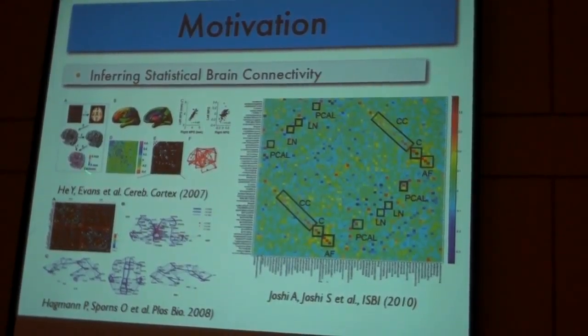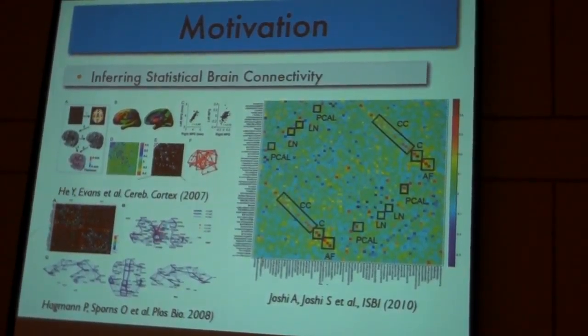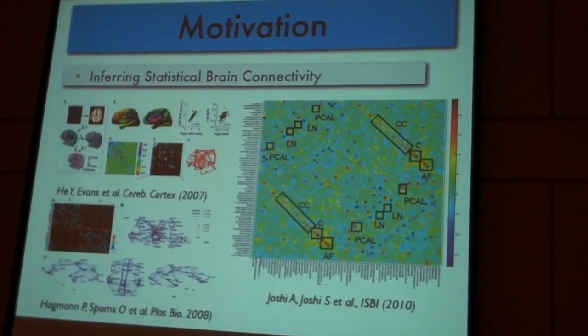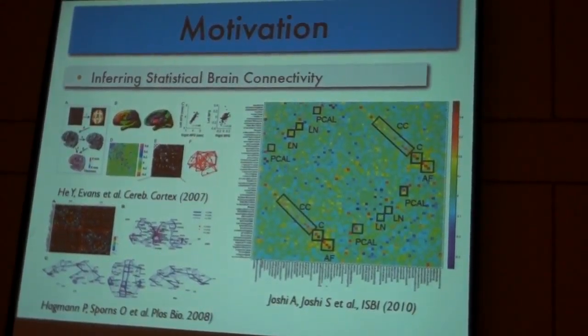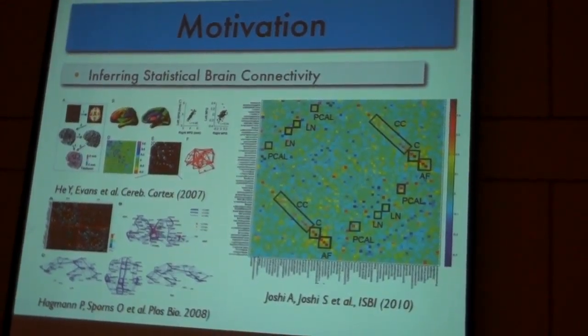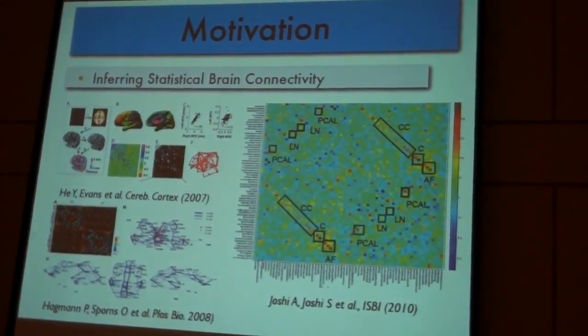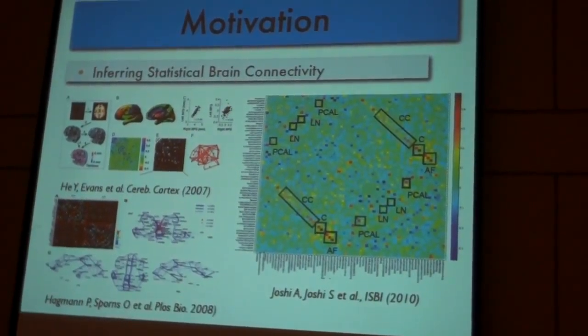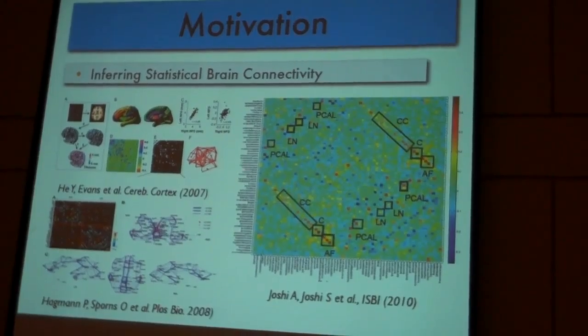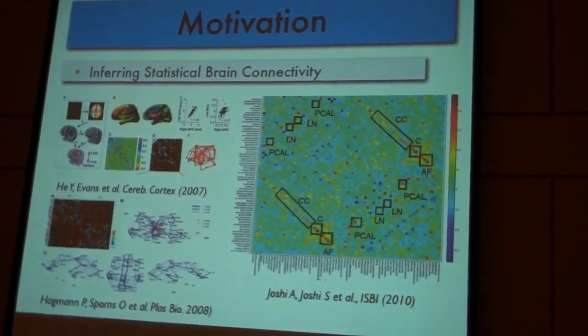And so you have this work by Hay and Evans, even Hagman and Spons, who've analyzed features such as thickness and volumes, and tried to infer a statistical network that shows how volumes or thicknesses vary and depend from one region to the other in a subject and across a population.